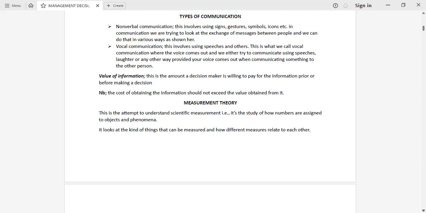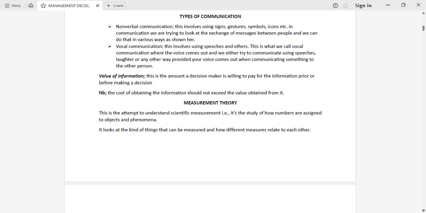Let's look at a matter called the value of information. It will help us make some computations when determining the value of information. We shall look at it in the further topics.